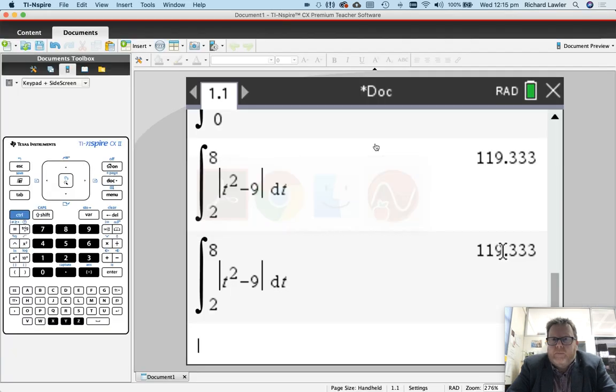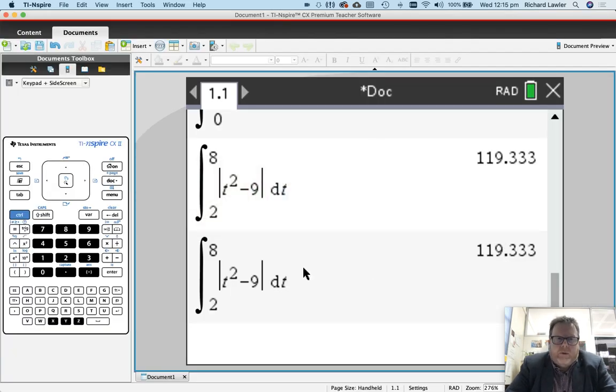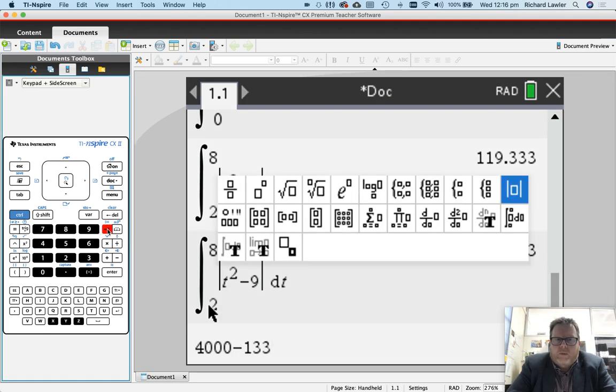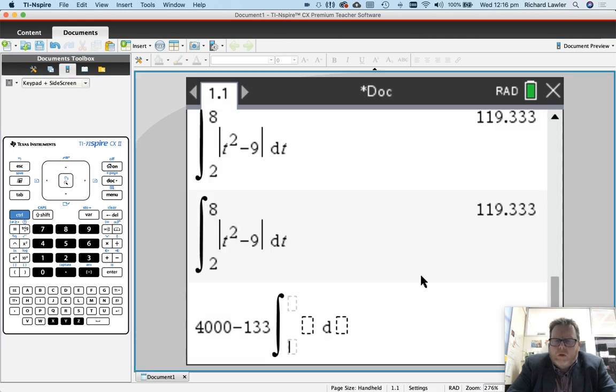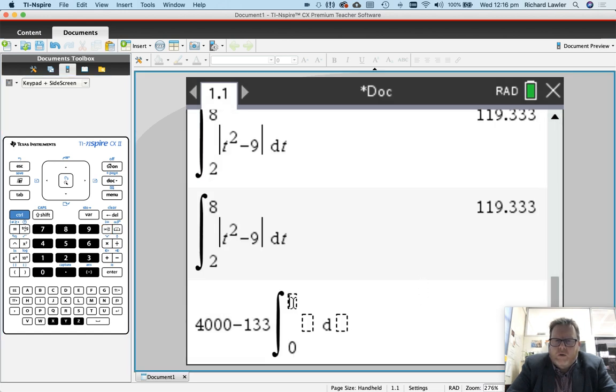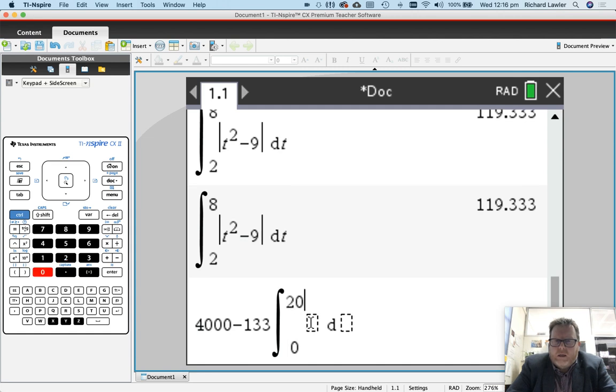Not this one, but this one. And let's put that calculation in. So it was 4,000 minus 133 multiplied by the integral between 0 and 20 of 1 minus t on 60, just using slash for divided by 60.